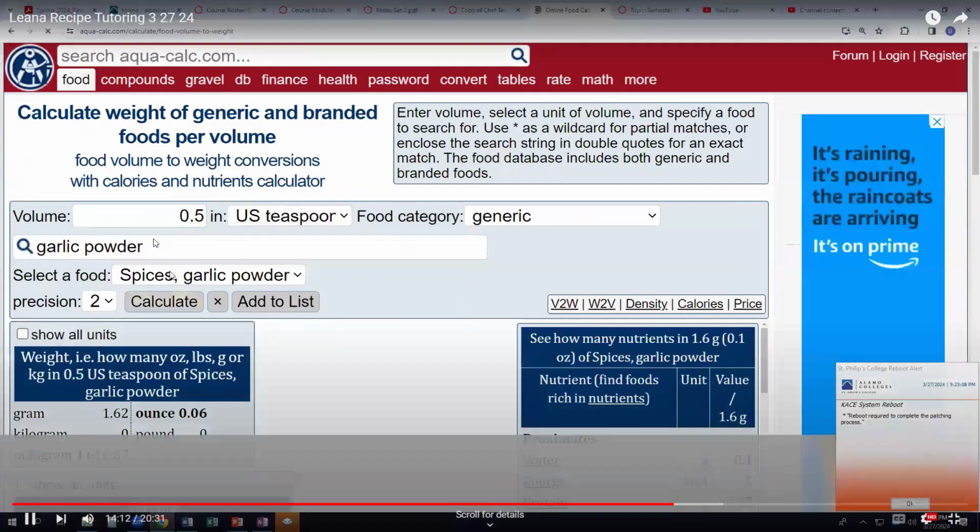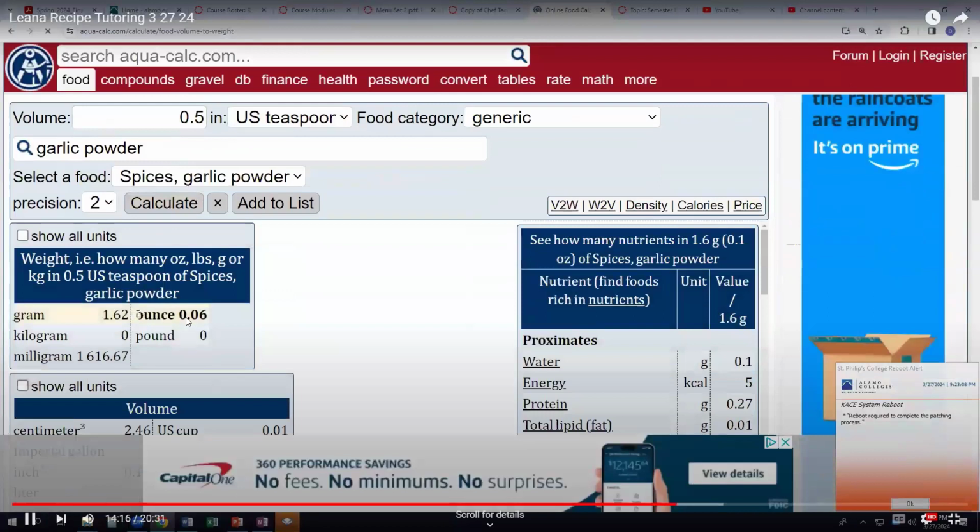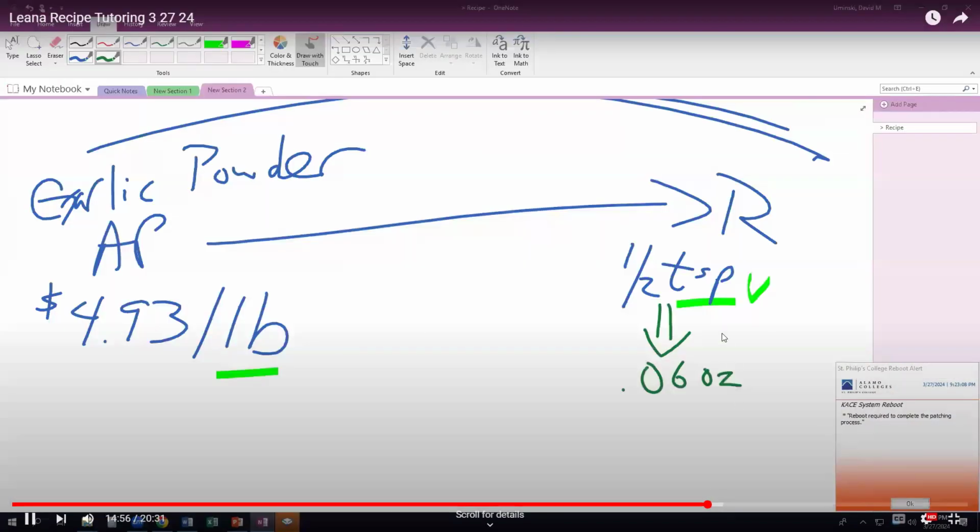Okay. So our garlic powder comes out to 0.06 ounces. So then when we go back to our page, that 1/2 teaspoon is the equivalent of 0.06 ounces.